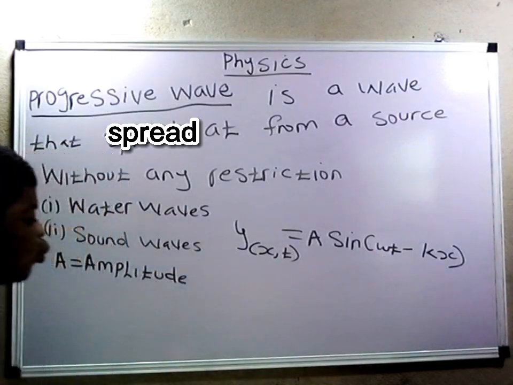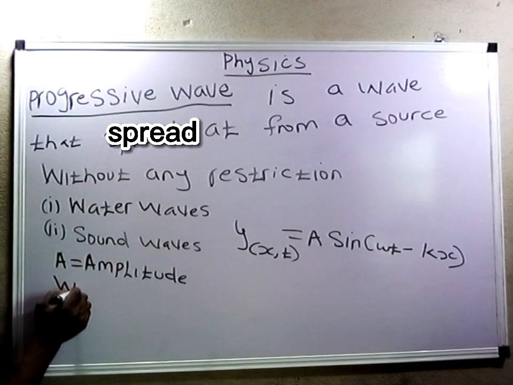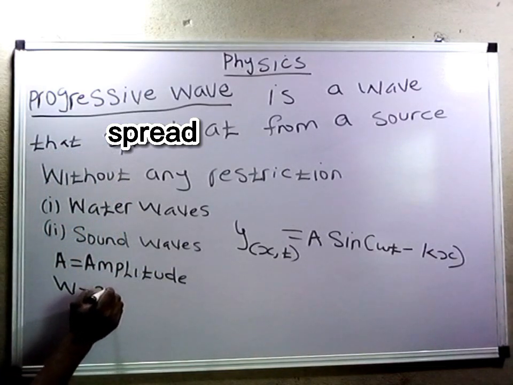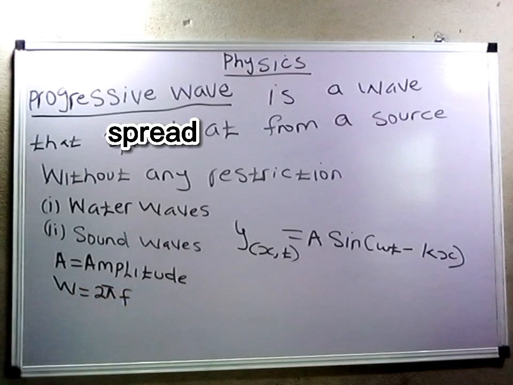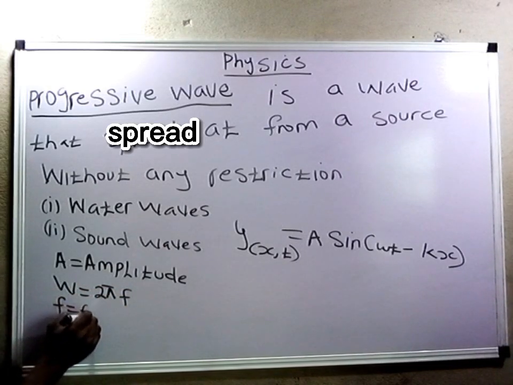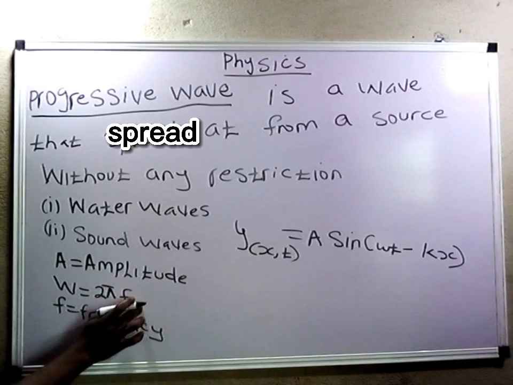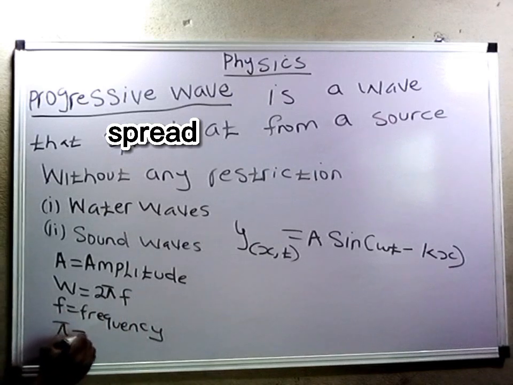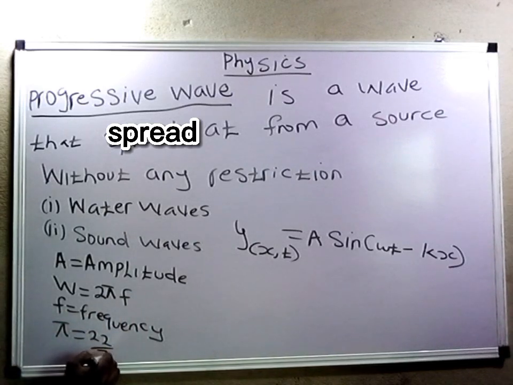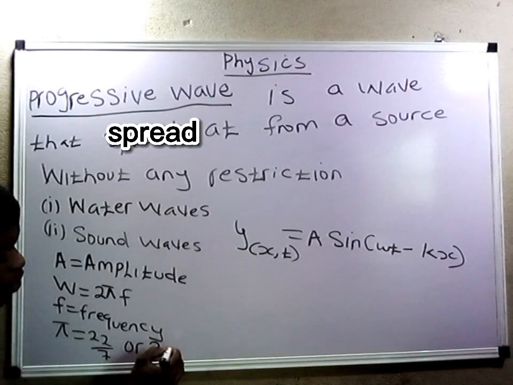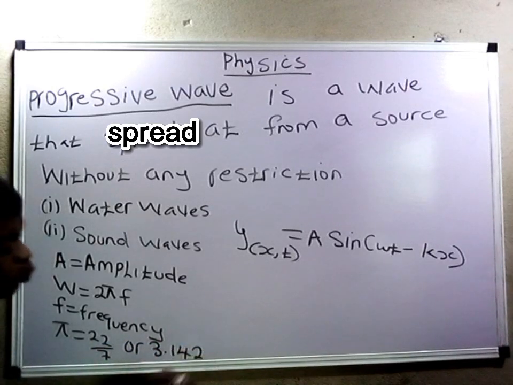Your w is equal to 2 pi f, where f is called your frequency. Your pi is equal to 22/7 or 3.142.